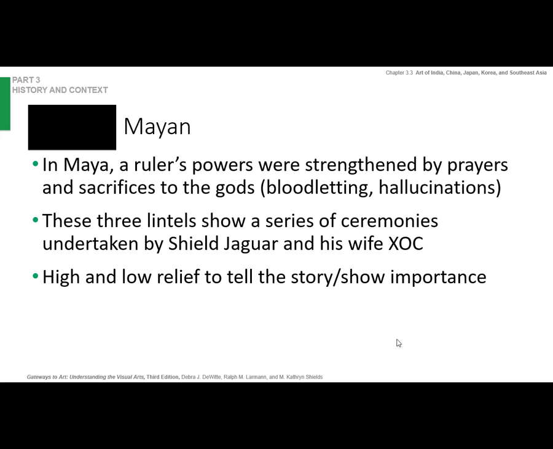And then we're going to look at the Mayan culture, the Shield Jaguar and his wife. We've looked at these reliefs before. So in Maya, a ruler's powers were strengthened by prayers and sacrifices to the gods, including bloodletting, taking things to make hallucinations, to be closer to God.